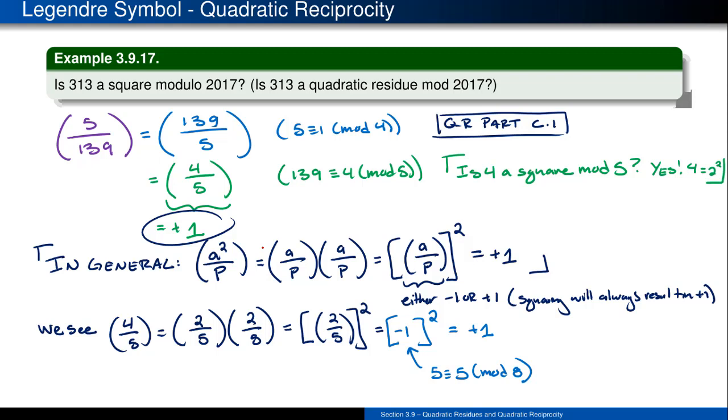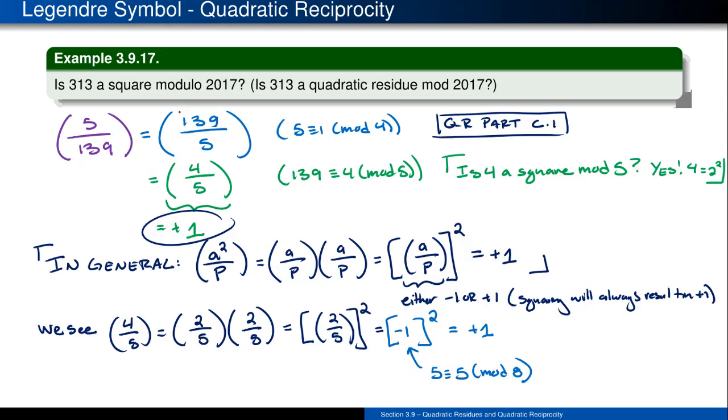It's the same operation over and over again: I take the 139, put it on top, and reduce it modulo whatever prime I put on the bottom. That's the point of all this: we begin weaseling our way into a nice little bin where I have smaller and smaller numbers.